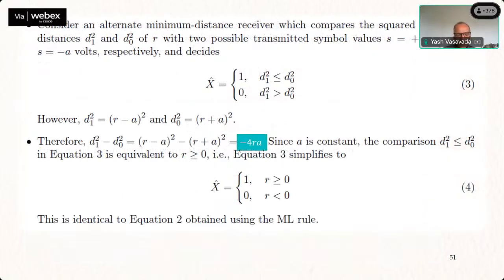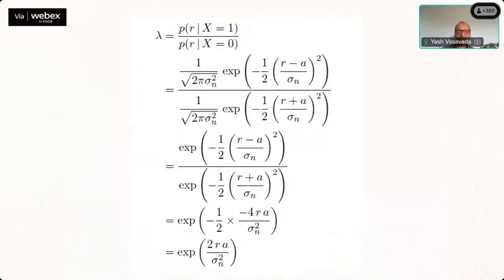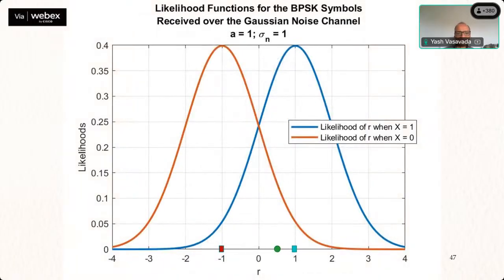Now, such a rule is actually the same as the minimum distance detection rule. If you don't do all of this elaborate math and you go back to the chart that I have shown, you even forget about the y-axis entirely. You just look at what is happening on the x-axis.